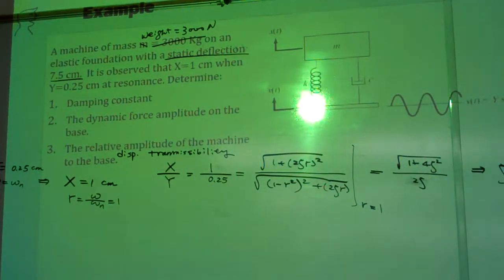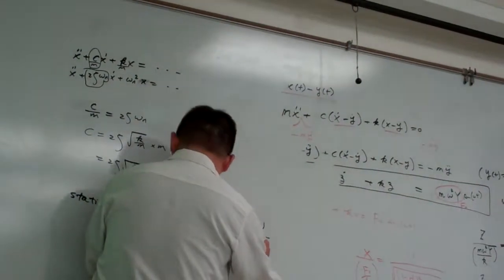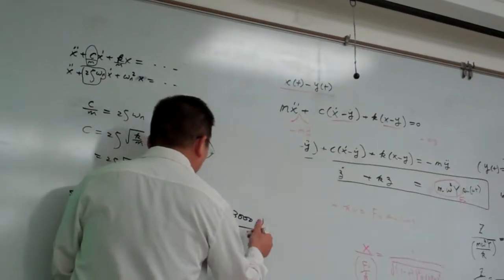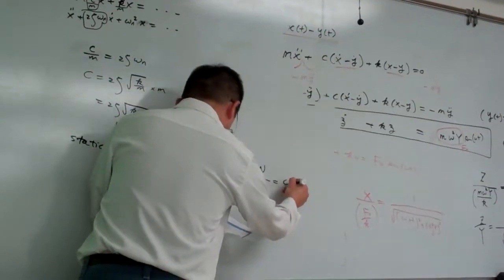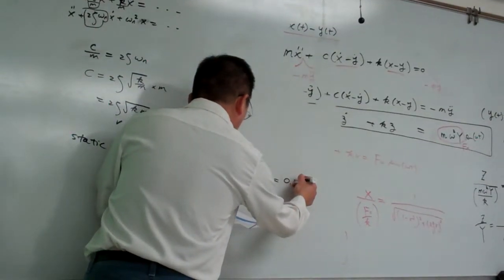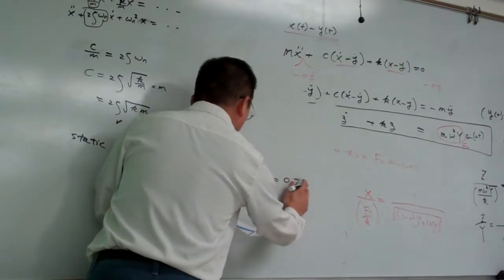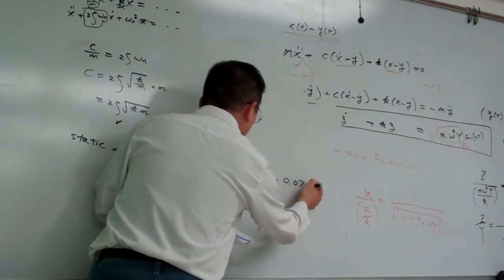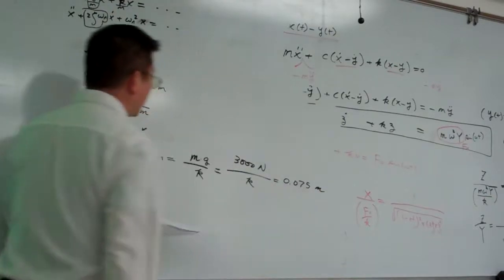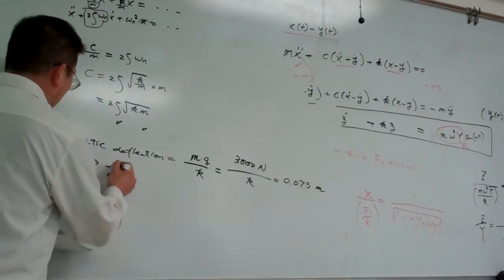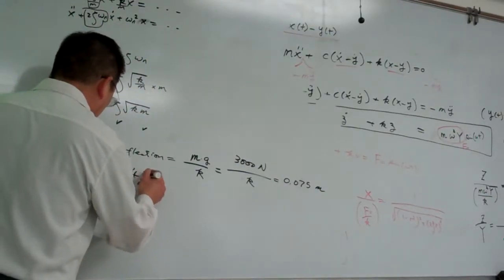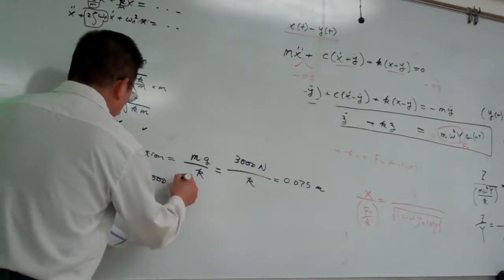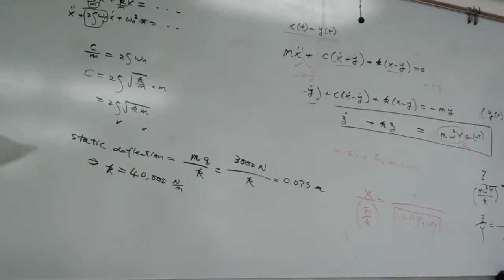So basically, this is 3,000 newtons divided by k, and this one equal to 0.075 meters. So from here we can determine k, and k will be equal to 40,000 newton meters.